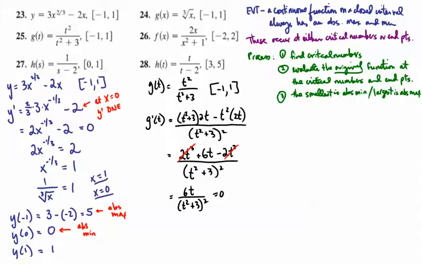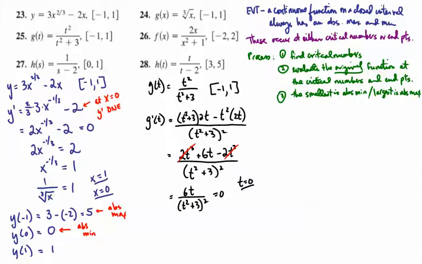Remember that a rational function is 0 when its numerator is 0. The only value of t that makes the numerator 0 is t equals 0. It's undefined when its denominator is 0. But because we have t squared here, we'll make any value we put in positive or 0 at the least.